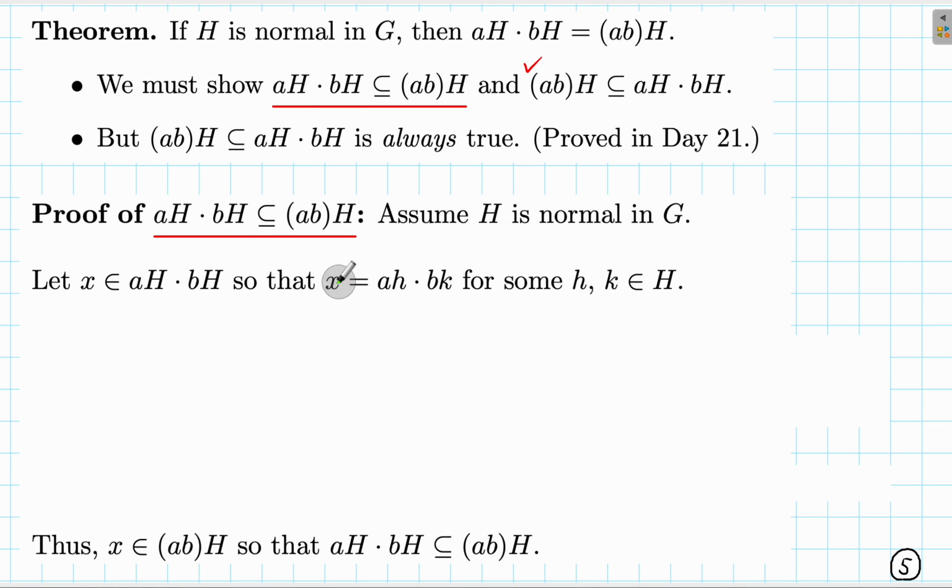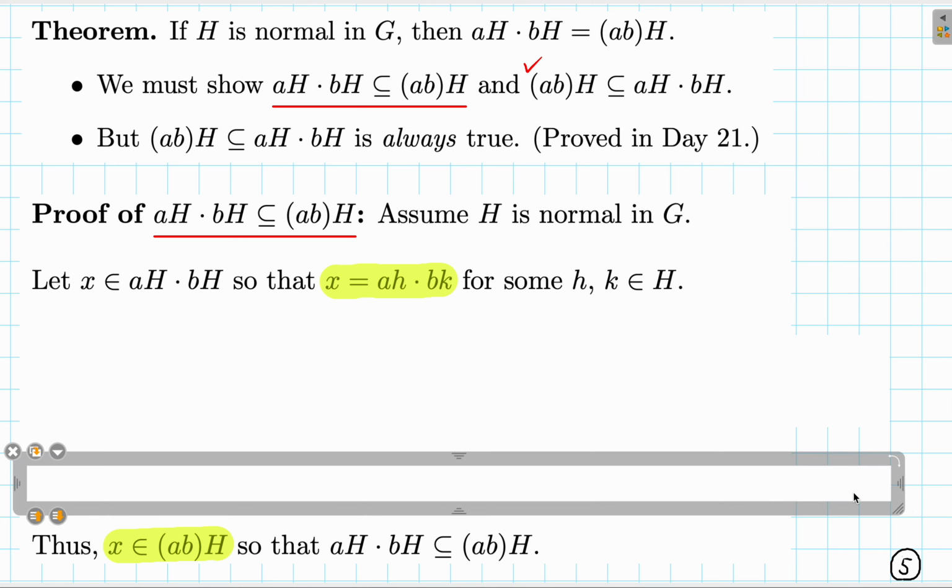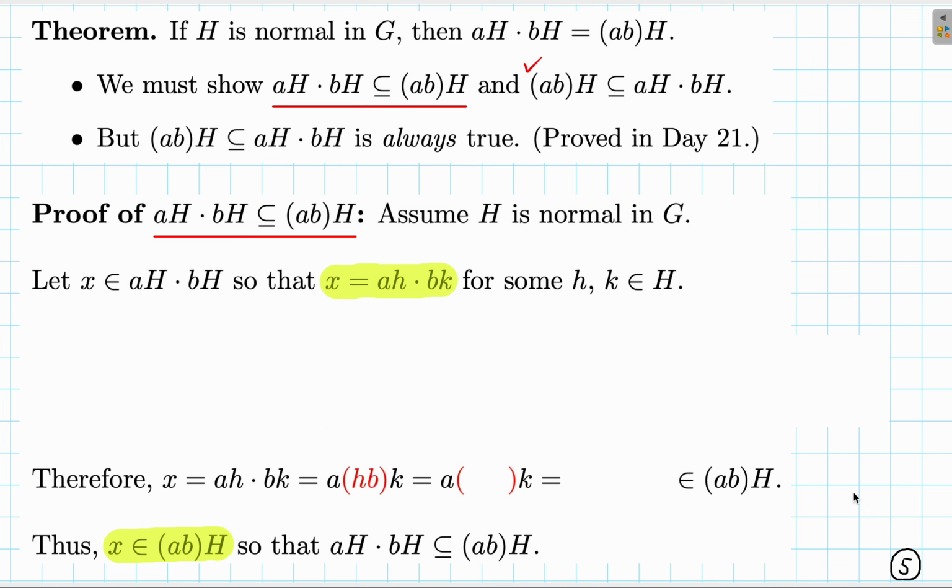Now, we know what X already looks like. And we also know what we wanted it to look like. So let's take a peek at the second to last step to see how we can make that happen. So X is equal to A h B k. And let's jump ahead.